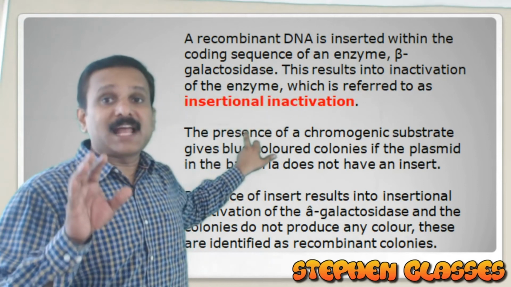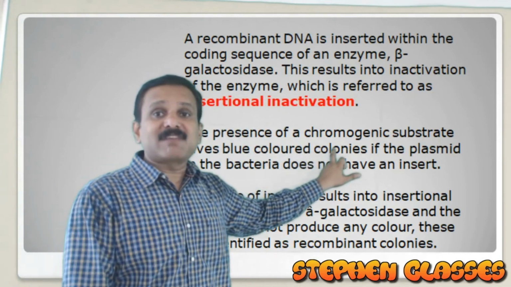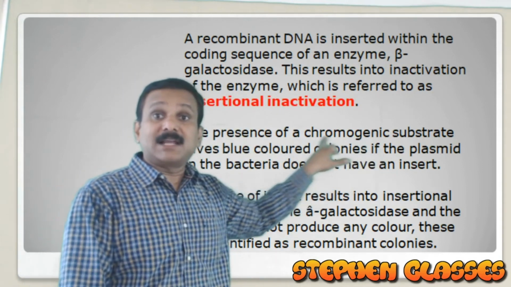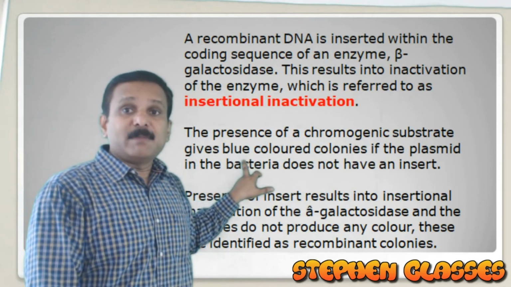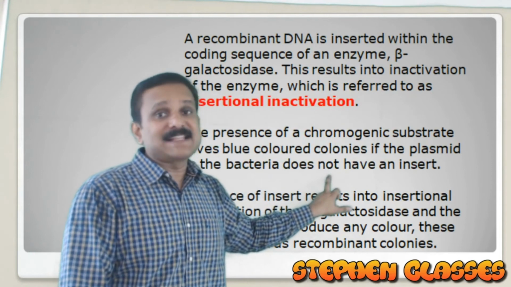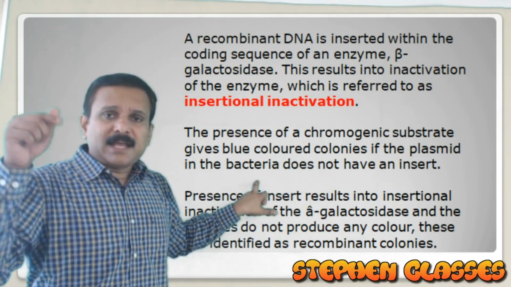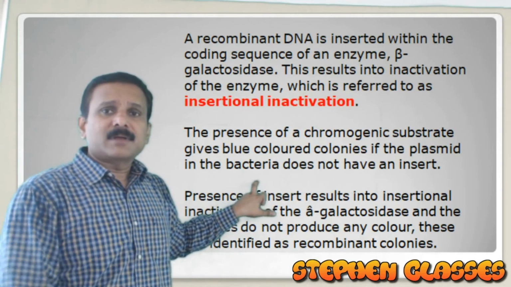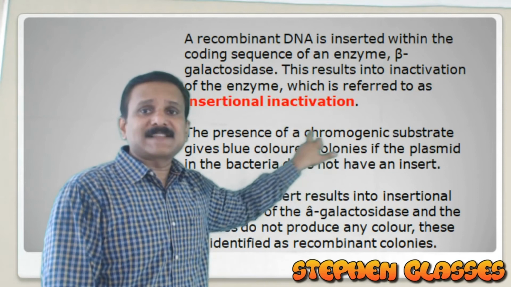So no longer will the enzyme be produced. In the presence of a chromogenic substrate, what is a chromogenic substrate? A color developing substrate. A blue color colony will be produced if the plasmid in the bacteria does not have the insert. So if the insert is absent, the colony will be colored in the presence of chromogenic substrate.